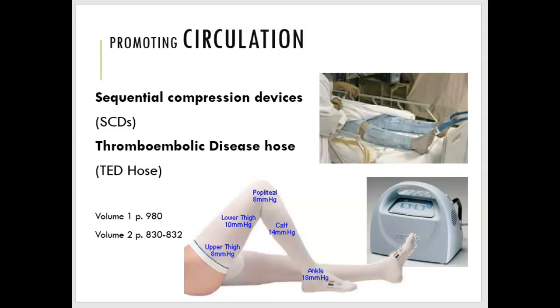Well, some of our patients can't do that. Some of our patients are either maintained on bed rest for various reasons, or they are post-surgical and need to maintain some type of bed rest, or they just don't want to, they're not going to be mobile.